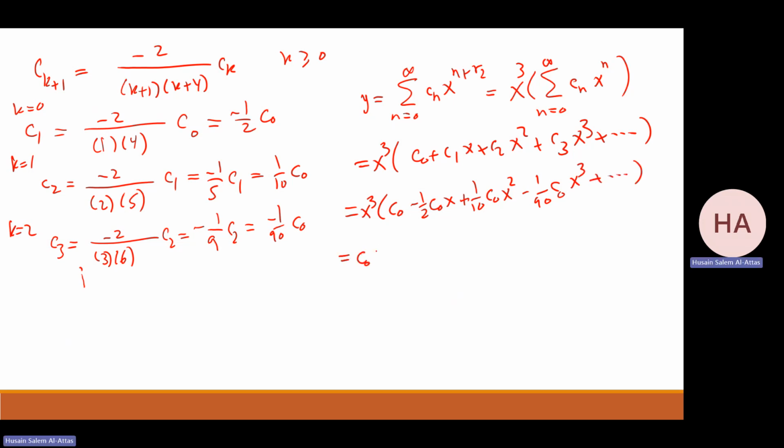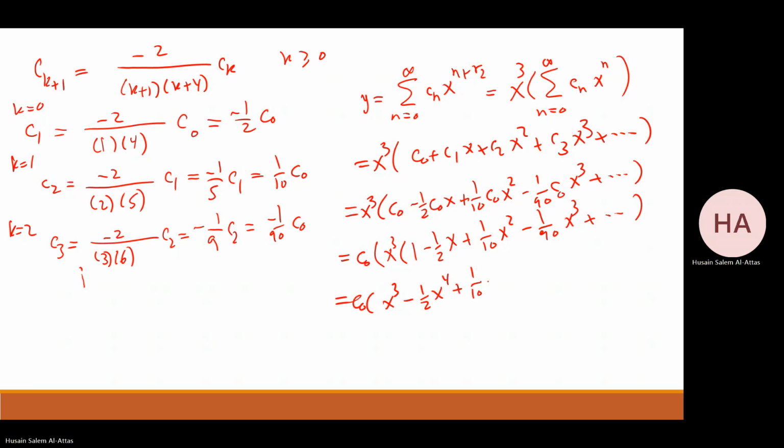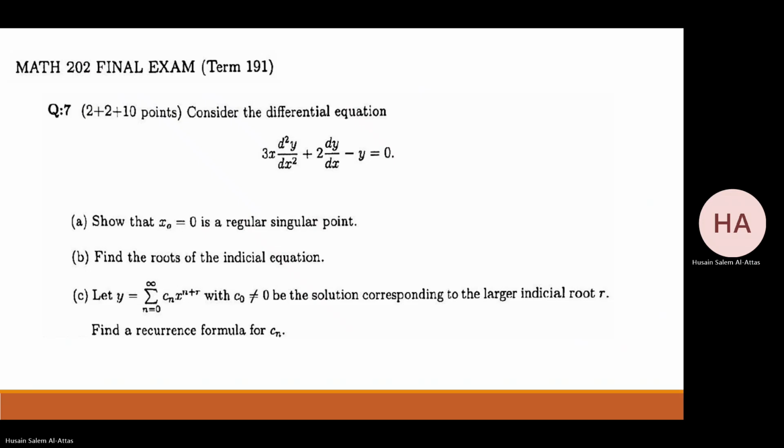Take c0 outside: c0 x cubed times 1 minus half x plus 1 over 10 x squared minus 1 over 90 x cubed, and so on. This is my solution.